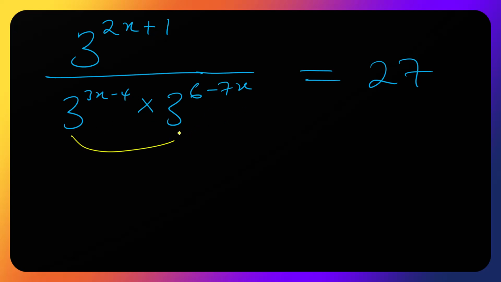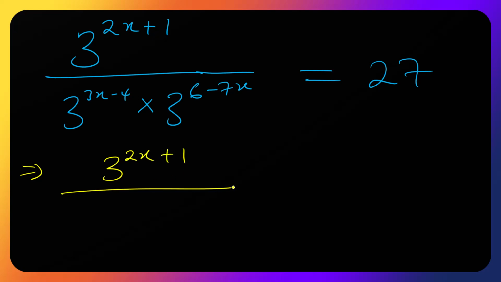Since the bases are the same down here, remember when you are multiplying two things which have the same base, we add the powers. Remember the laws of indices. So I'll maintain the numerator. So let's write one and add the powers. We have 3x minus 4 plus 6 minus 7x equals 27.